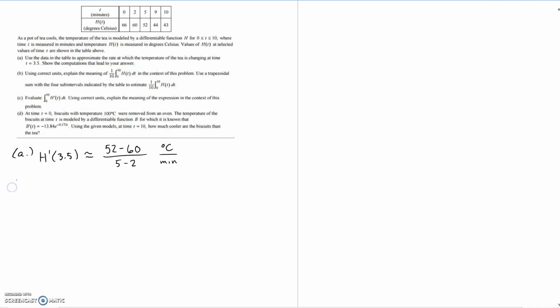Part B is asking for the meaning of this 1/10 times the integral from 0 to 10 of h of t dt.